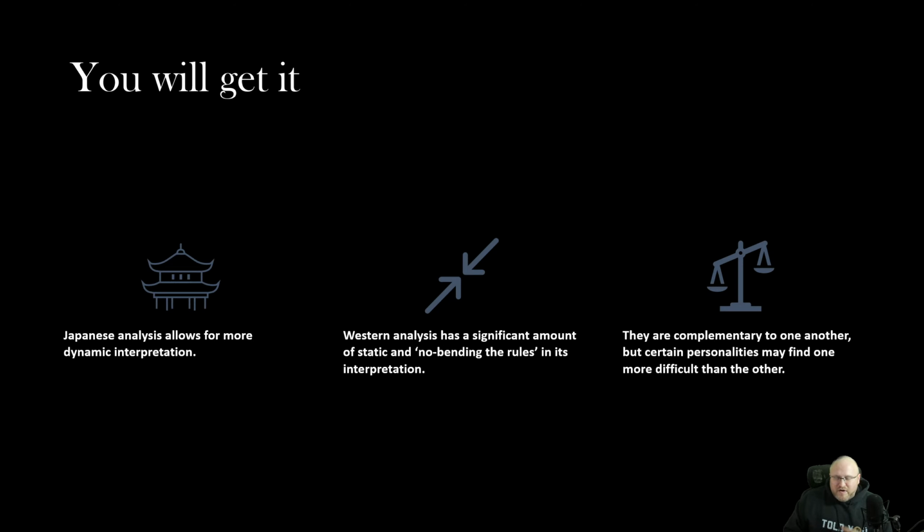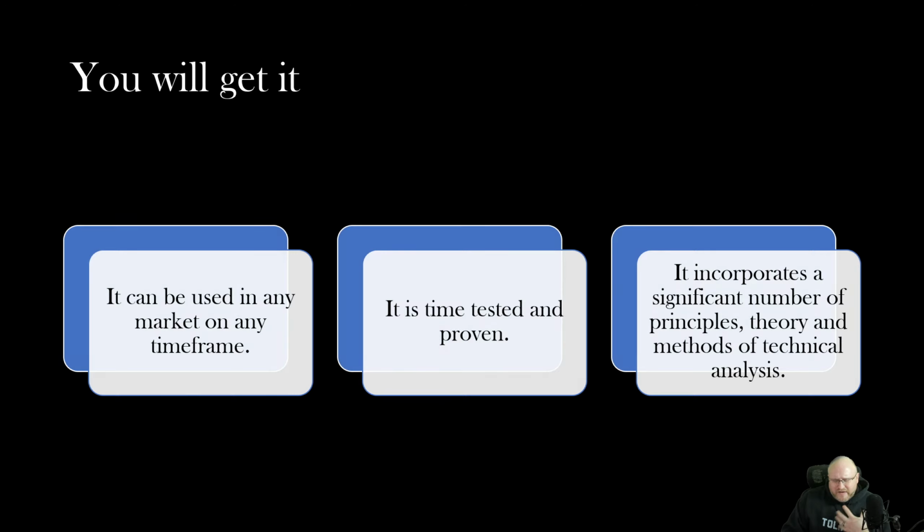So it's no wonder there's a bit of a struggle when you think about it that way. But this is a fantastic system because it's useful in any market, at any time of day. It's been used for years, and it incorporates so many different components of technical analysis that you would learn.